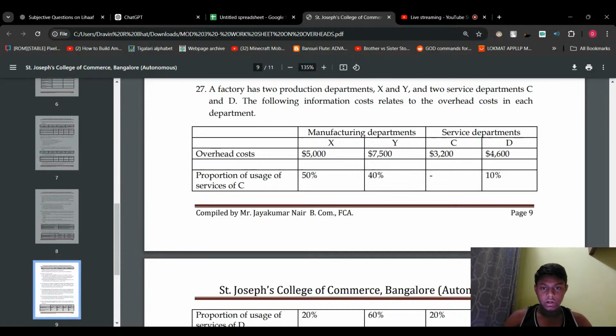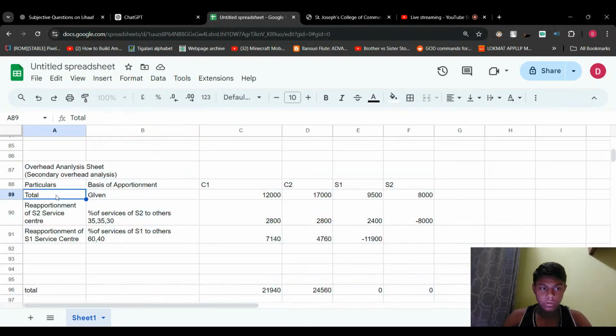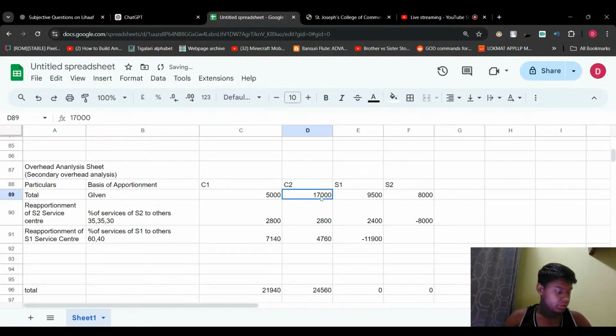Particulars would be total costs, like overheads, total overheads given: 5,000, 7,500, 3,200, and 4,600.